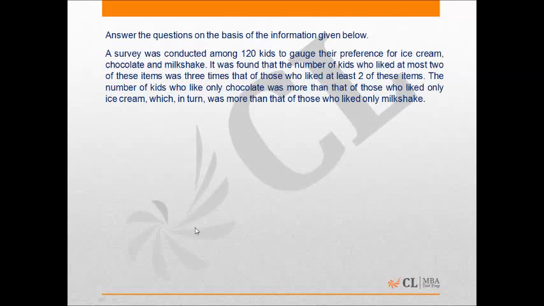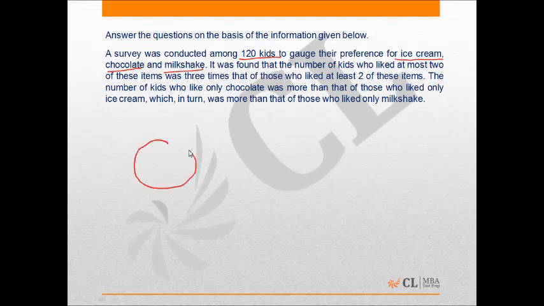LRDI set number 4. So this set is basically based on the concept of Venn diagrams, right? So in this question, what we have given is a survey which was conducted among 120 kids, right, to check their preferences for ice cream, chocolate and milkshake.